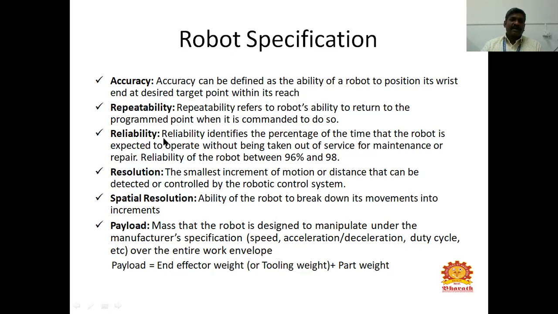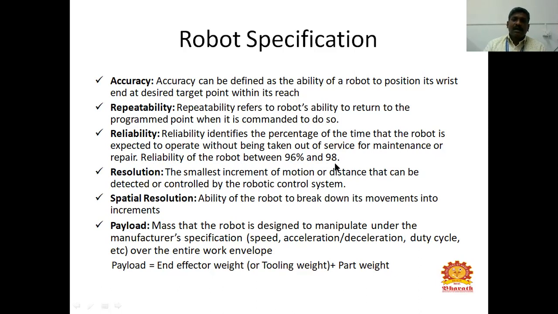Next is reliability. Reliability identifies the percentage of time the robot is expected to operate without being taken out of service for maintenance or repair. The reliability of the robot is between 96% and 98%.